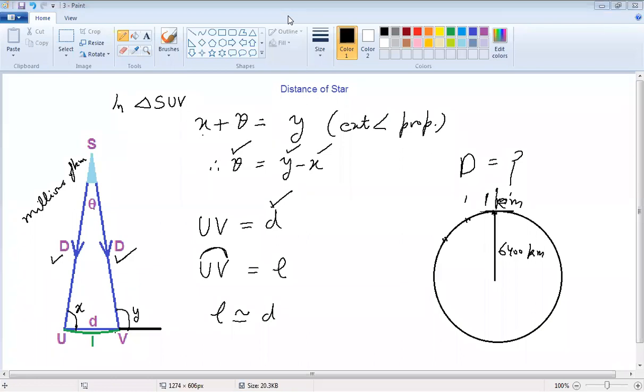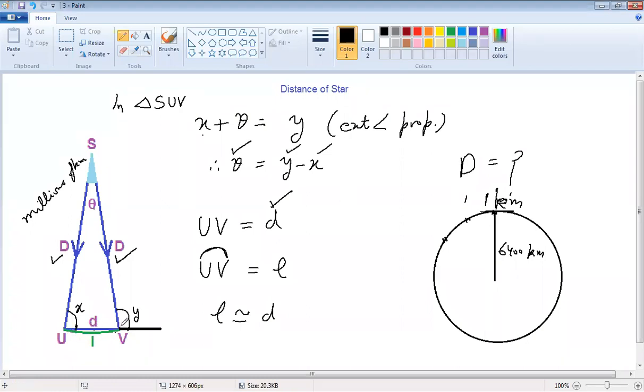Yes, sir. And the same thing is happening here, but more than that, the distance of the star is not just 1,000 or 6,000 kilometers away. It is millions of kilometers away. If you draw an arc, taking the star as the center and this distance as the radius, the arc length L will be simply the same as the straight distance, because you won't be able to distinguish between the arc and the straight distance.